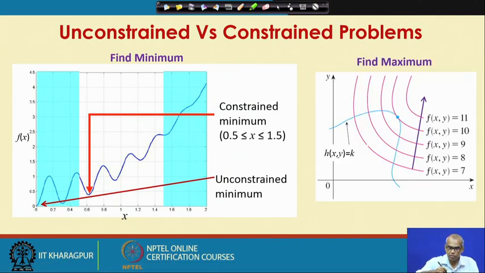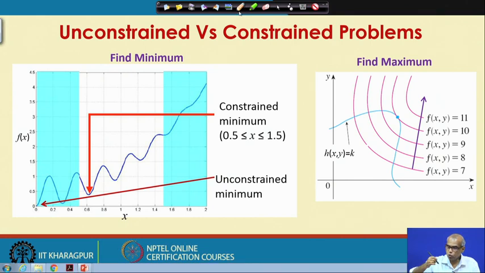Similarly, let us now consider the contour plot as shown. This is the contour plot of a two variable function of x and y. This is the direction in which the function value increases, as shown by the contours.